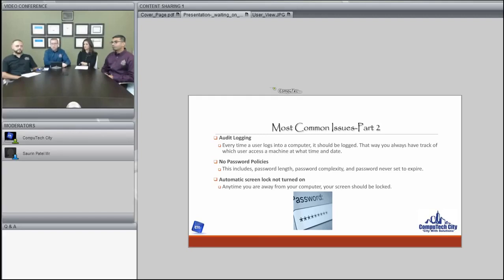And last but not least, automatic screen lock not turned on. Anytime you are away from your computer, your screen should be locked. I'll give you a little scenario. Say I go to the doctor's for a cold and they leave me alone in the exam room. The nurse inputs some information into their EHR, leaves it on the screen, and then leaves the room. And let's face it, I'll have to wait 45 minutes before the doctor shows up.